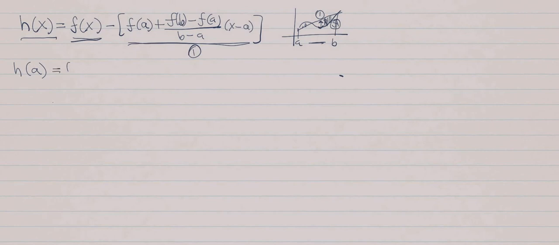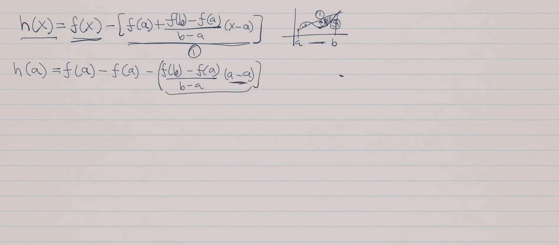So h of a is equal to f of a minus f of a minus (f of b minus f of a)... so this becomes 0, so this whole thing becomes 0, and this is also 0, so h of a is equal to 0.